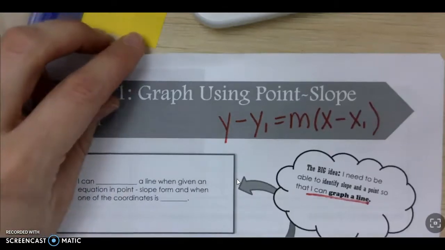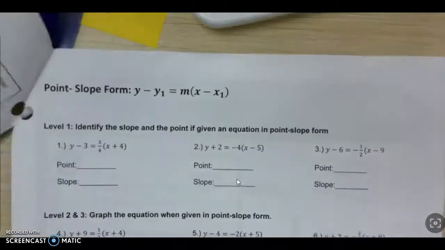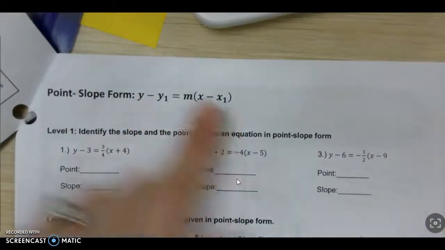So let's jump right in and go ahead and graph on the next page. That form is right here at the top, so if you ever need to revert back or look back to it.